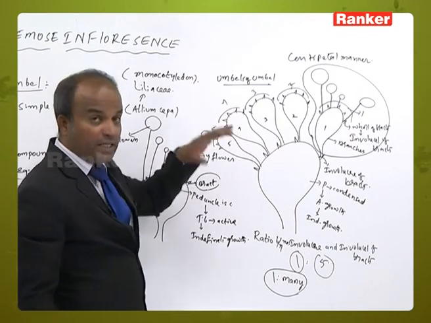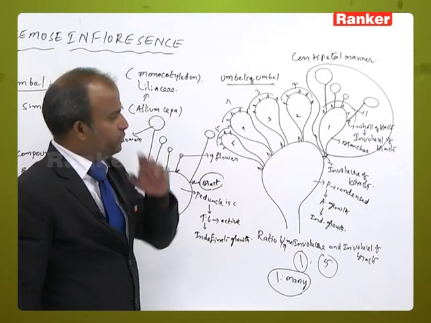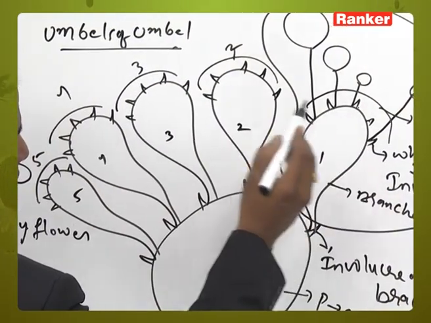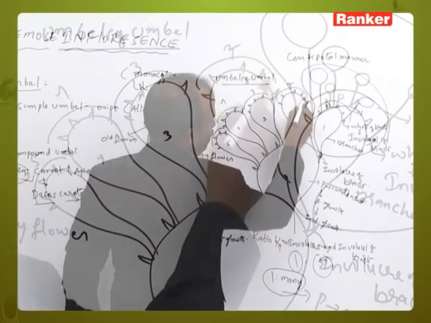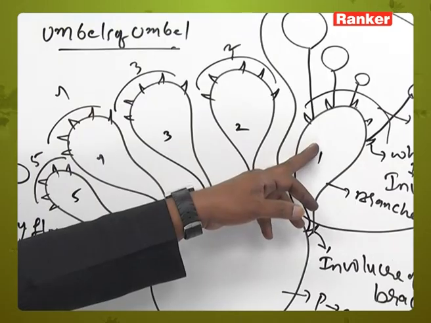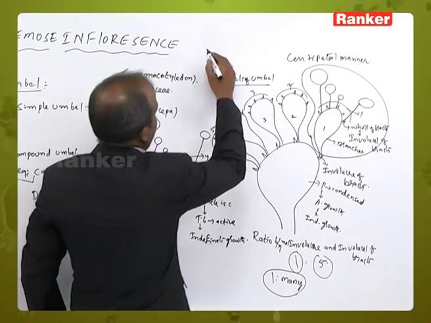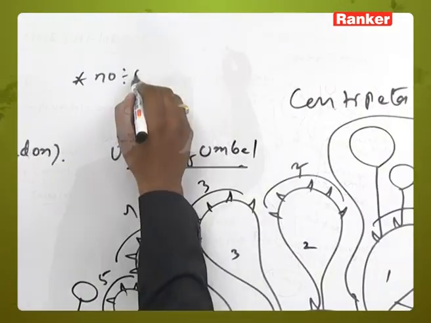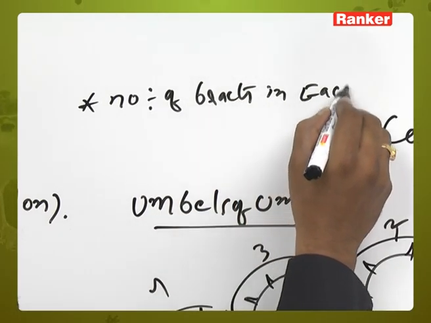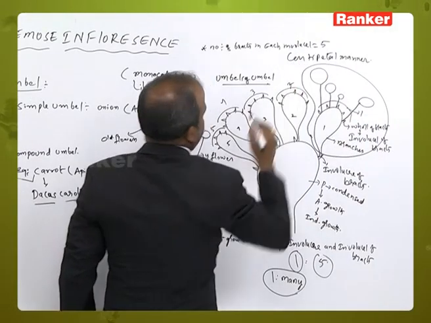Listen carefully, the number of bracts in involucres. This involucre contains how many bracts? 1, 2, 3, 4, 5. Here also the same, 1, 2, 3, 4, 5. That means the number of bracts in each involucre is 5.